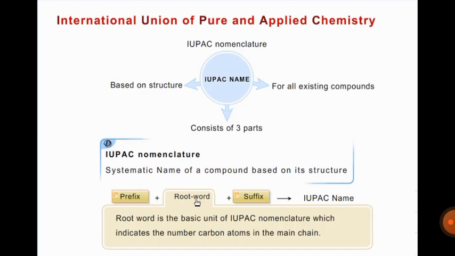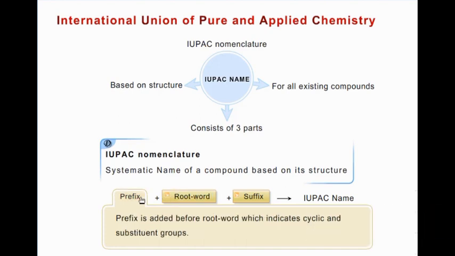It tells how big the molecule is, the number of carbon atoms in the longest continuous carbon chain in the compound. These can all be represented by the root word.